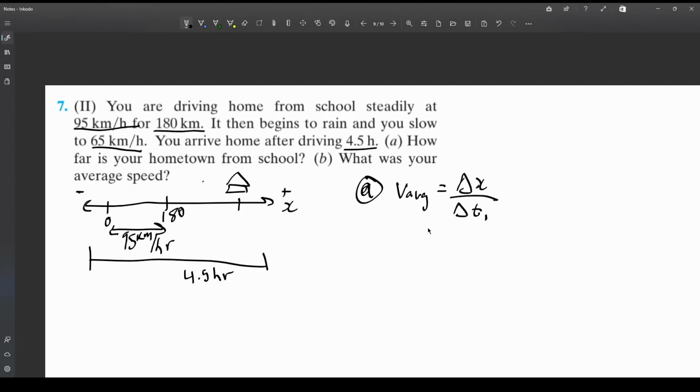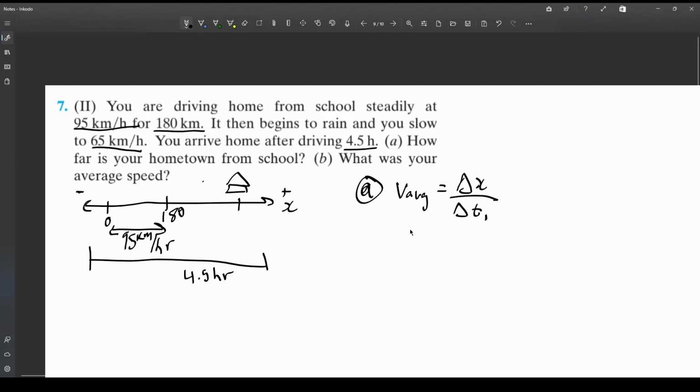So we already know that 180 kilometers is part of that value that we're trying to find, because we're trying to find the total, how far the hometown is. So 180 is already part of that, but we need to see how far we drove at 65 kilometers an hour. And that's what we're going to do using this equation.